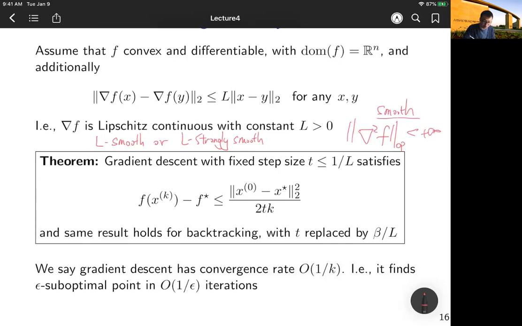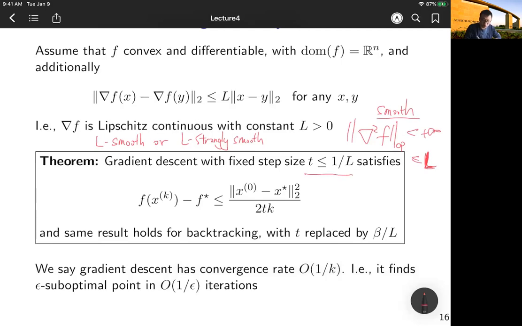So this is smooth. By strongly smooth, in addition, this requires that this is smaller than some constant L, right? So we're making it explicit that this is smaller than the L, rather than just anything that's bounded.